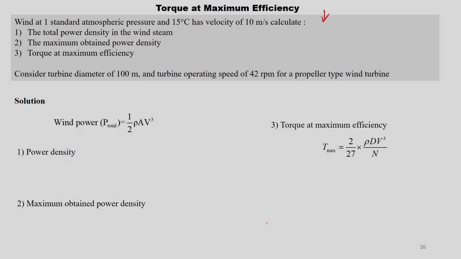So, wind at 1 standard atmospheric pressure and 15 degrees, that means rho is 1.226 kg per meter cube, and velocity V equals 10 meter per second.